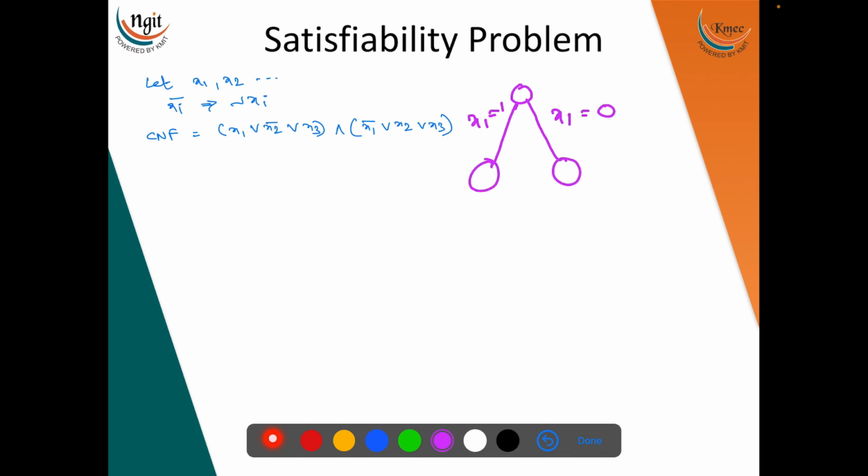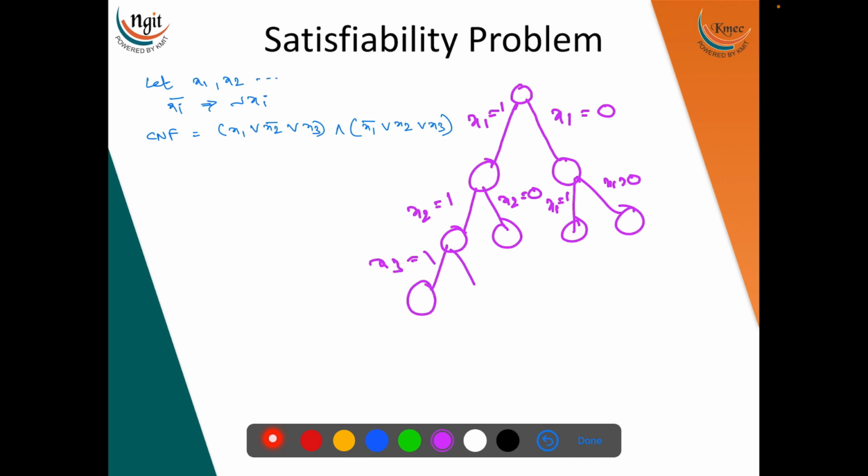After I take the x1 value, I take the x2 value. It can also be 1 or 0. Now x1 is 1, x1 is 0. And now add x3. x3 is equal to 1 or 0, and so on: 1 0 1 0 1 0 1 0.